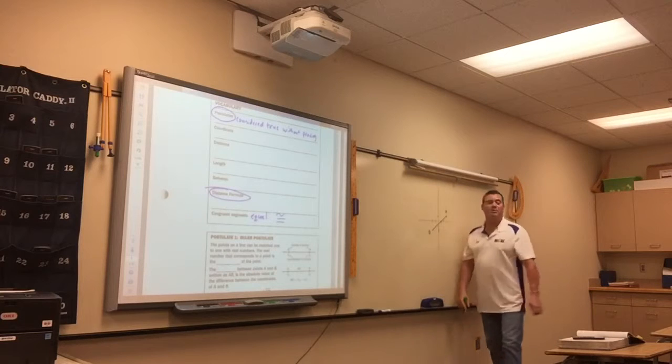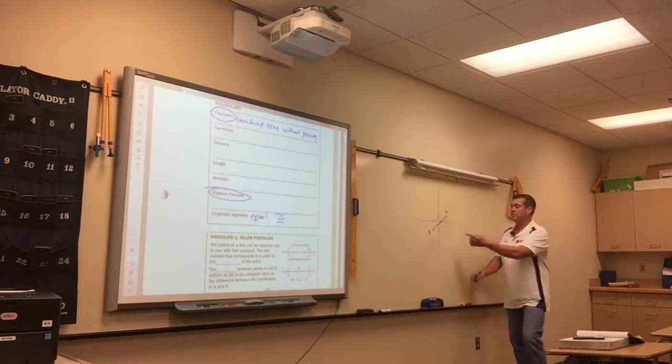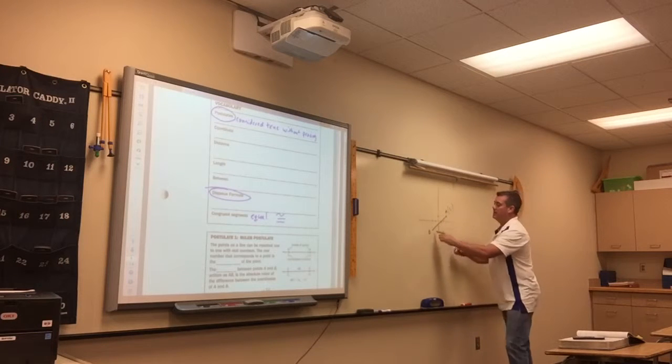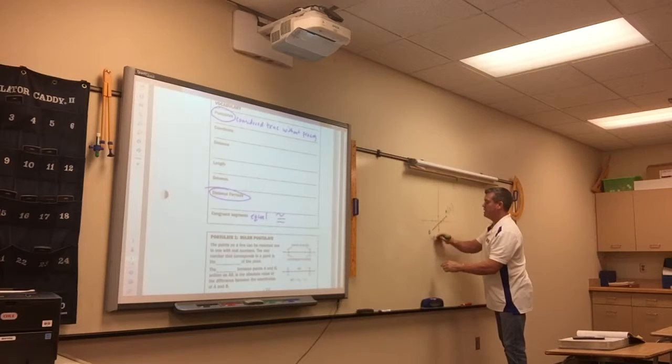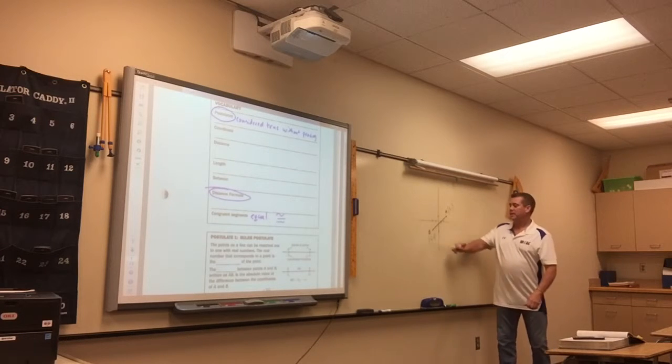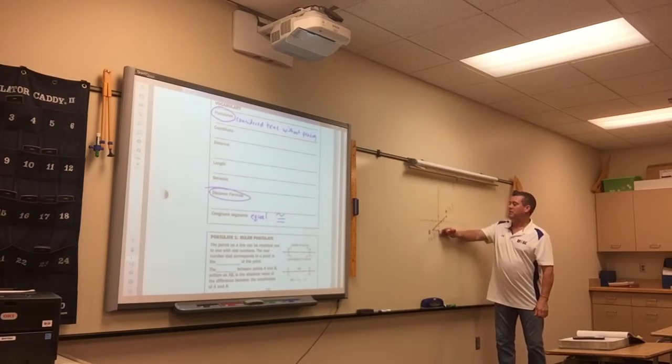If you've got a segment that's on a coordinate plane, this is the coordinate over 3 and up 1. This is the coordinate left 2 and down 2. What you could do, you don't always want to though, because then you'd have to draw it every time, is you could do what we just did. You could make a right triangle.